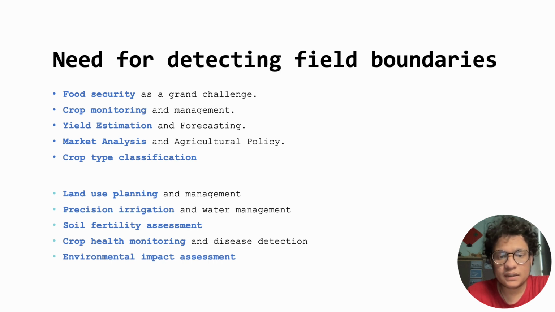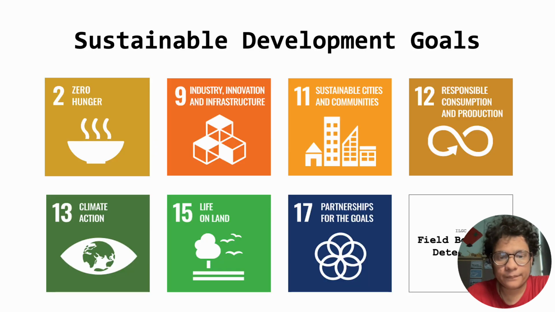The need is simple: food security, crop monitoring, yield estimation, which we have discussed. This also targets a few major Sustainable Development Goals, including zero hunger, climate action, life on land, partnerships for the goals, and industry.